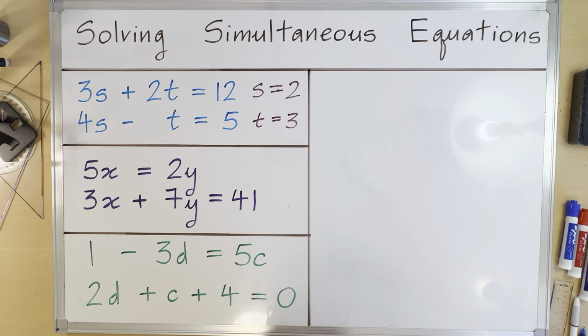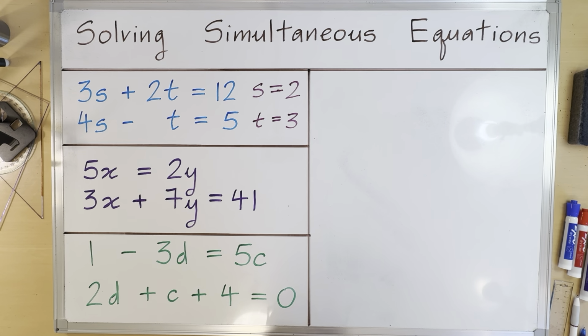So positive 7y is equal to, we're going to move the positive 6 from the left side of the equation to the right side. So now the right side becomes 41 minus 6. And that gives us 35.